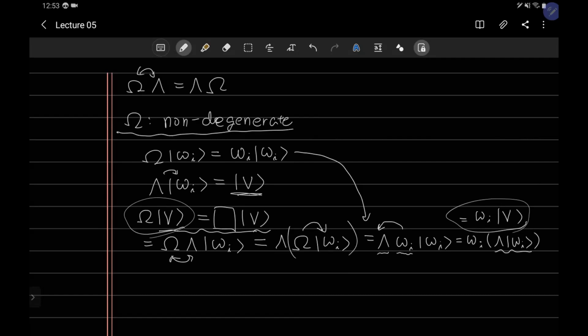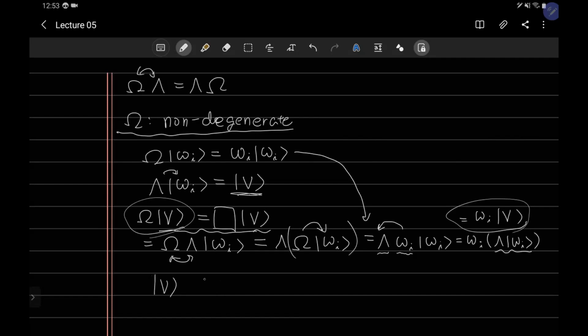What that implies is that this new vector V has the eigenvalue of omega sub I. However, because it is non-degenerate, this vector cannot be different from the omega sub I, except that they can be different by the length.